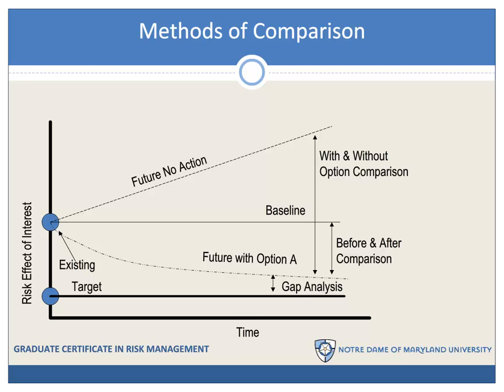So what you see here, the future with option A in place, we fell short of the target here. And so we would do an analysis of the gap between what we were hoping to achieve and what we actually achieved. I could just as easily draw another line, future with option B in place, that would exceed or dip below that target line there. So this is another way that we can consider how to compare scenarios.